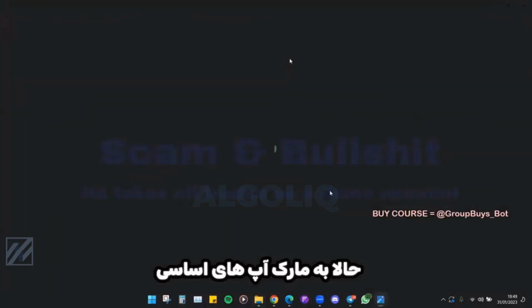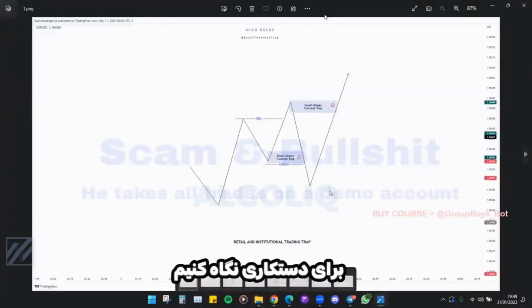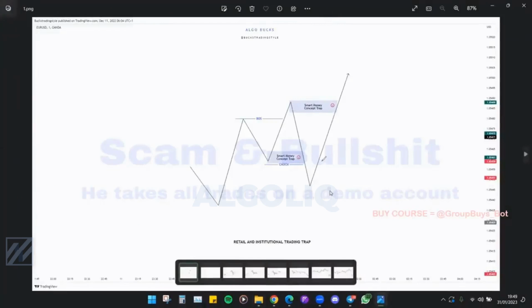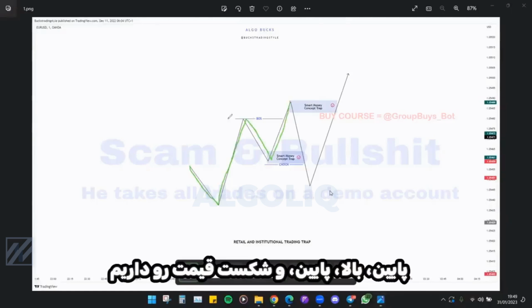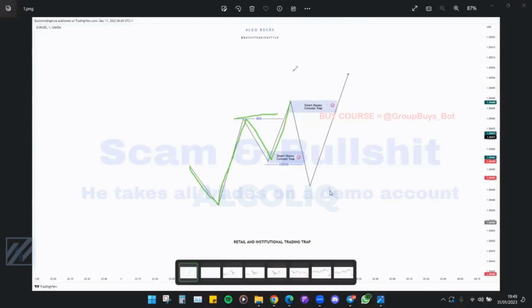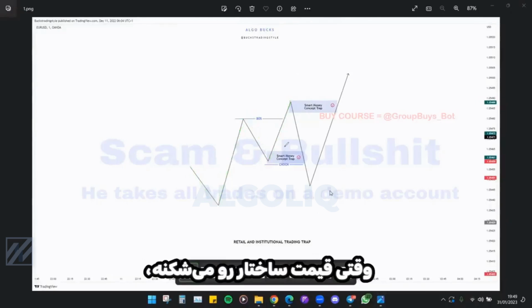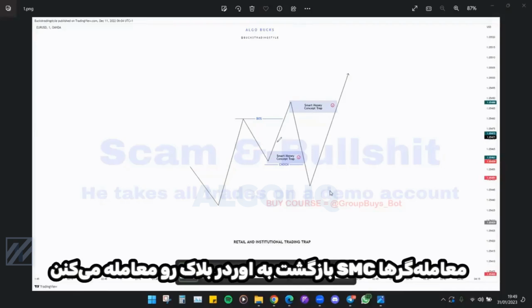Now let's look at a basic markup for manipulation. This is structure. We had this push down, this push up, this push down, and price broke structure right here. Now, when price breaks structure, smart money traders trade RTO, that's return to order block.